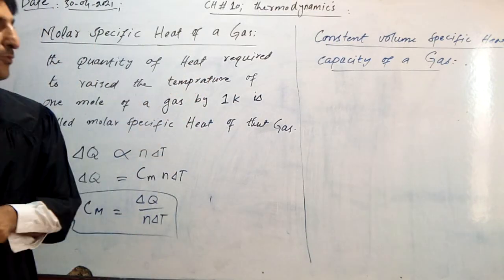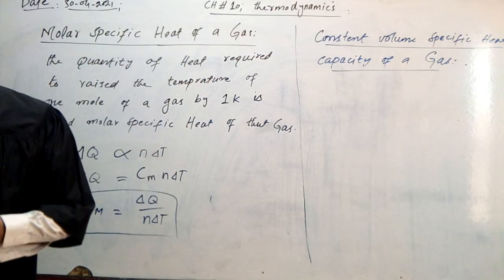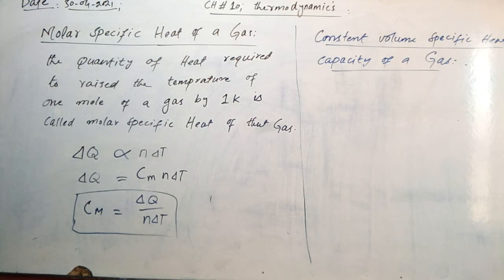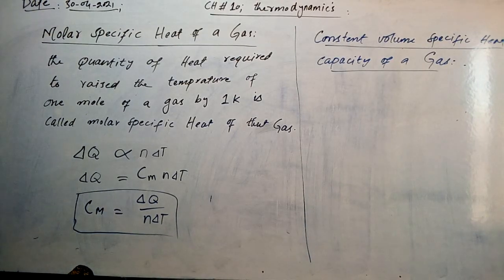Now, if we keep the volume constant, what happens? The constant volume molar specific heat capacity of a gas is the amount of heat required to raise the temperature of 1 mole of a substance by 1 Kelvin while keeping its volume constant.